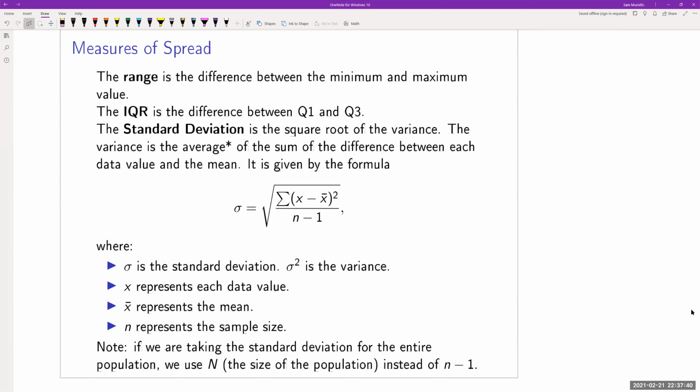What the standard deviation does is it measures for every data value the distance from the mean. We will then, for reasons we won't discuss in this course, square all of those differences and add them all up. Then we will divide by the number of data values minus 1 in the case of a sample. And then we will finally take the square root.